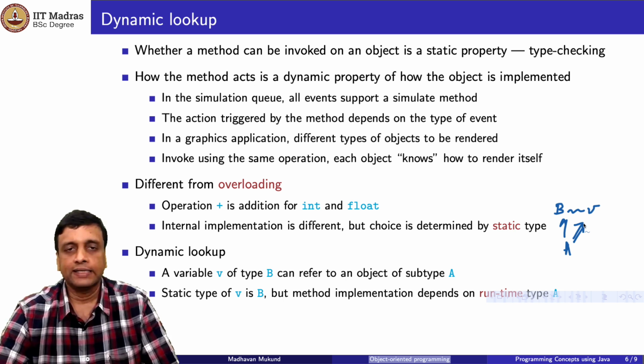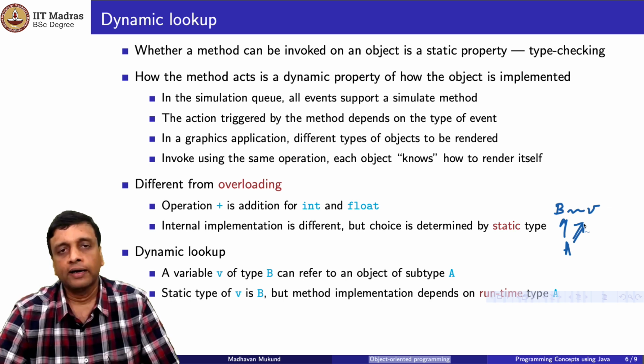At this time there is an A object stored in V, so A has its own definition of whatever function I want, and that will be dynamically chosen. This is what dynamic lookup is all about.